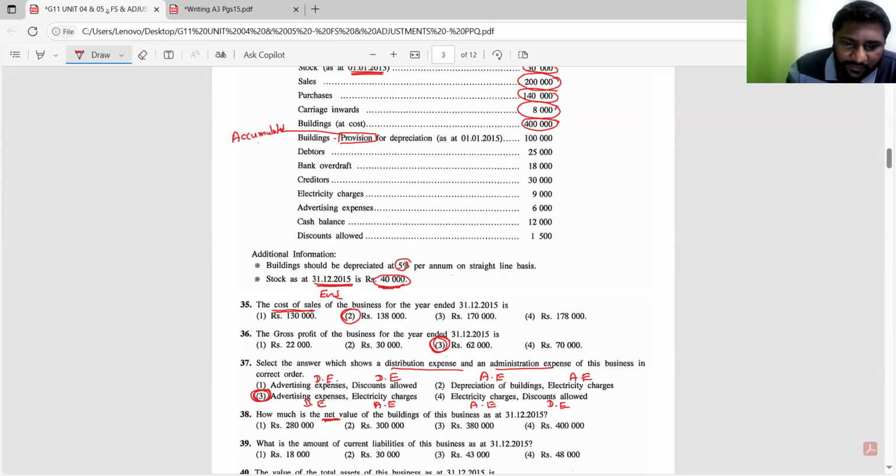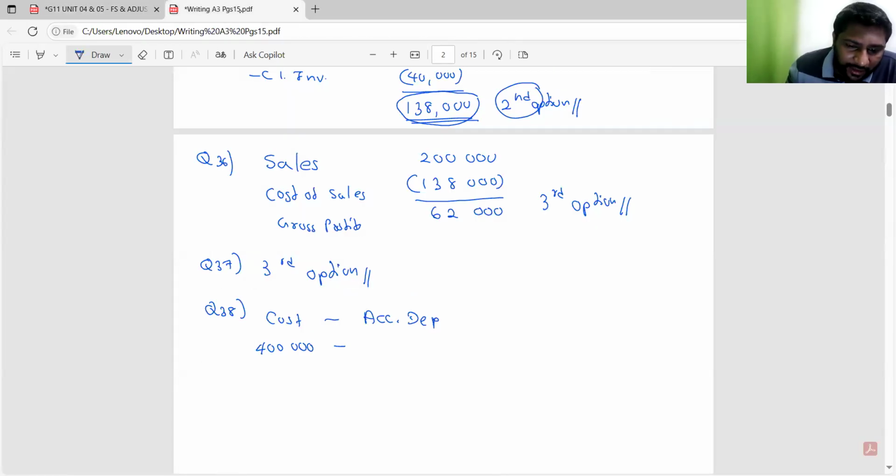Accumulated depreciation, we used to call it provision for depreciation in those days. So for the beginning of the year, 100,000. That means this year's depreciation is not yet done. So this year's one, we have to add it.